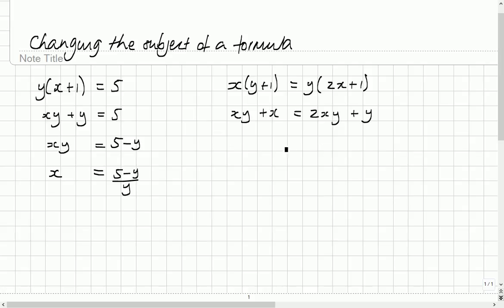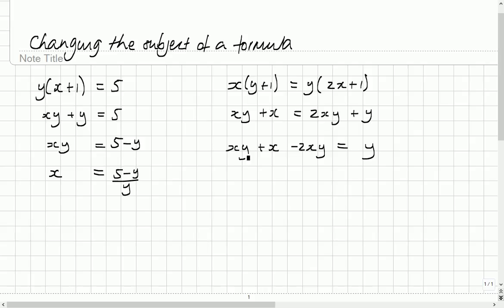We want to collect up the x's on the left hand side again. It doesn't have to be the left hand side, it could be either side. Left hand side is probably just as good as any in this case. So we're going to get xy plus x, we're going to subtract 2xy from this one, equals y on the right hand side.